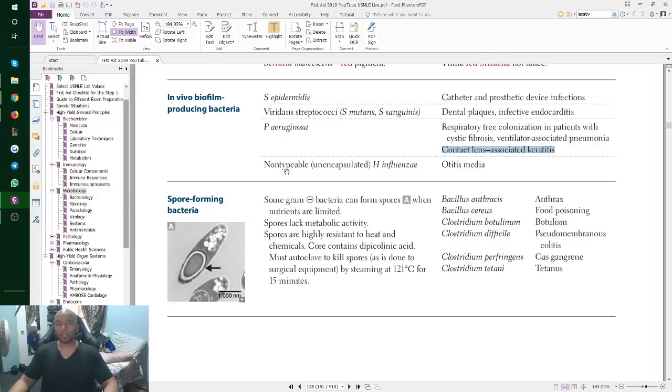The last thing here are your non-typable or unencapsulated bacteria, and that's H. influenzae, which can cause otitis media. Right? Remember that otitis media is usually the more common thing. Pseudomonas aeruginosa causes otitis externa, and you're going to remember that because when you do the Sketchy Micro image of Pseudomonas aeruginosa, there's a woman there using a device to listen to someone outside on the other side of a wall.